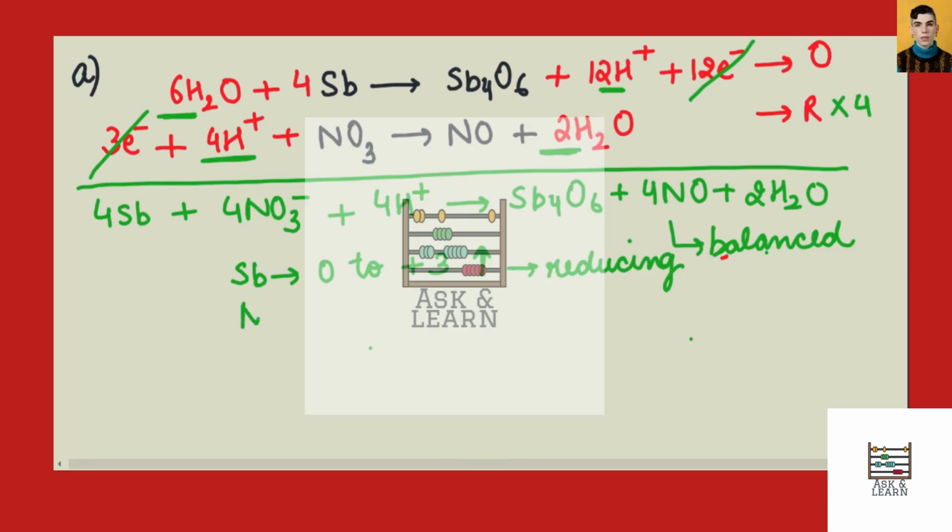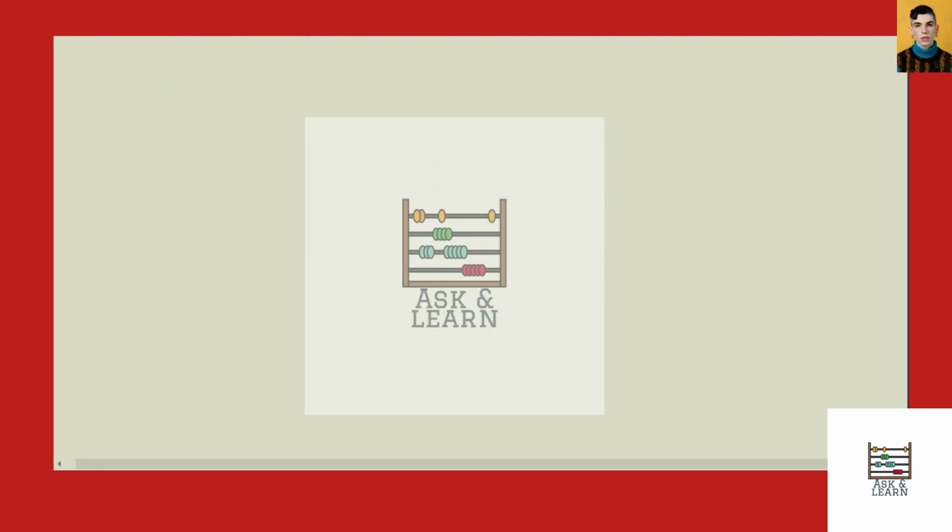And the nitrate ion, the nitrogen oxidation state goes from plus 5 to minus 2. So since that is decreasing, it's the oxidizing agent, since it's oxidizing others by reducing itself. So yeah, that's part A.